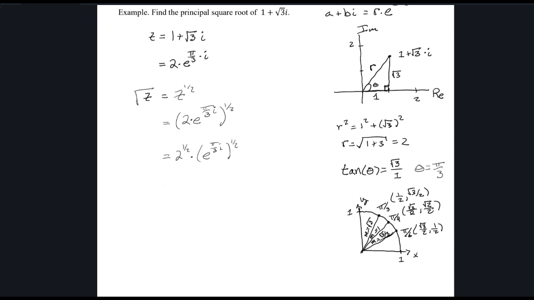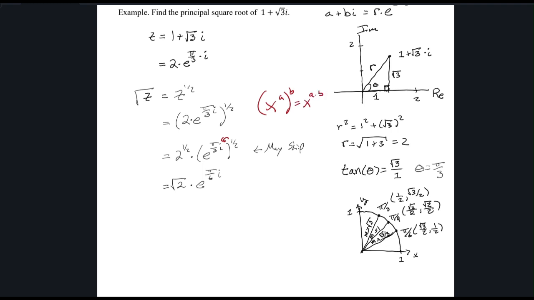If you're comfortable with it, I do not mind if you skip this step that I just wrote. And go times e to the pi over 6 i. So our exponent rule that we're using here is when you have, say, x to the a to the b, this equals x to the a times b.